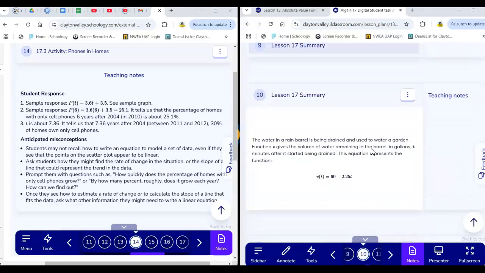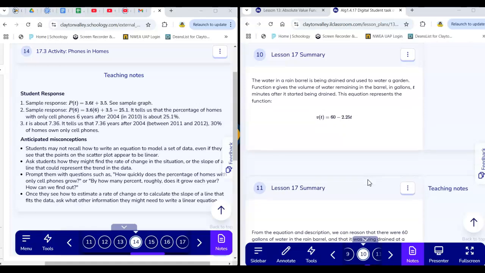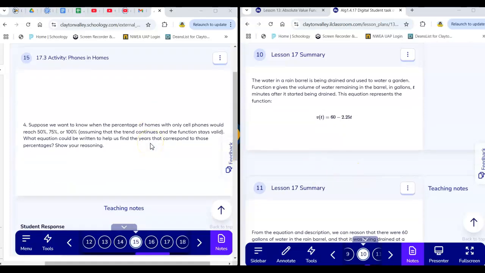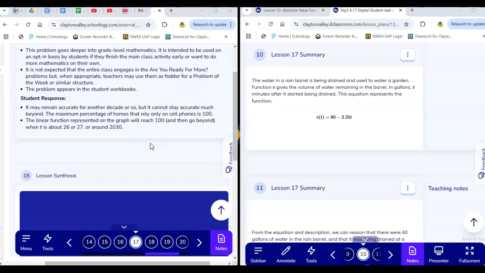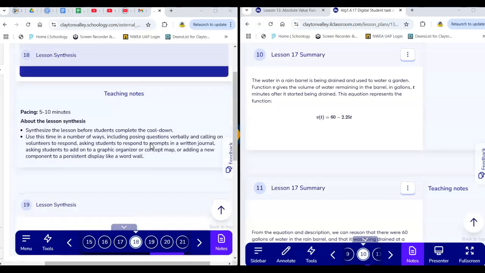And then you can see that they go into the summary for the lesson, which talks about the most important things that you were supposed to get out of this lesson. Okay, and the most important thing was, here is an example of a situation that can be modeled with an equation.